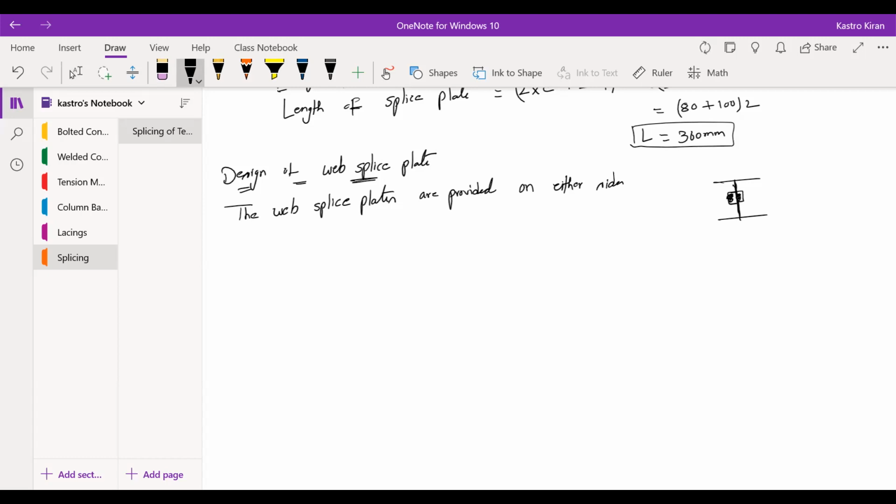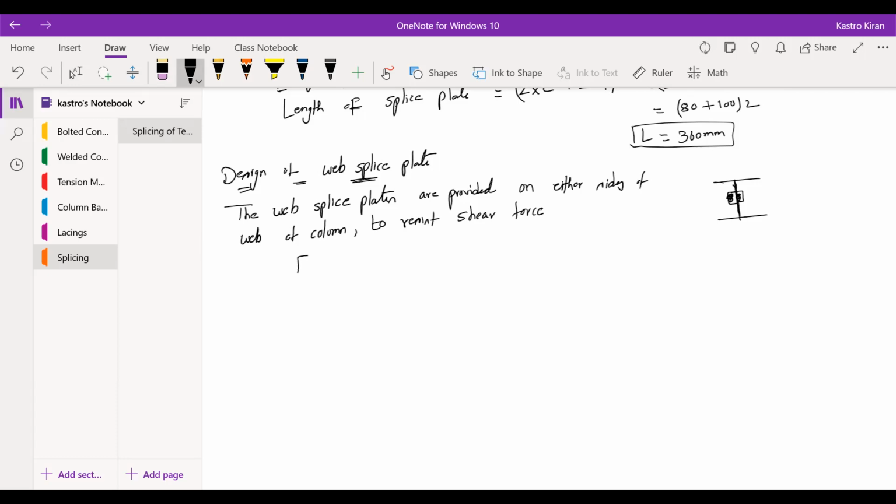Okay, so why we are providing it is to resist shear force.